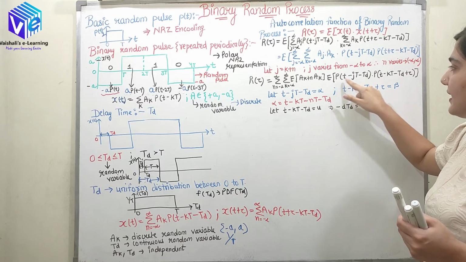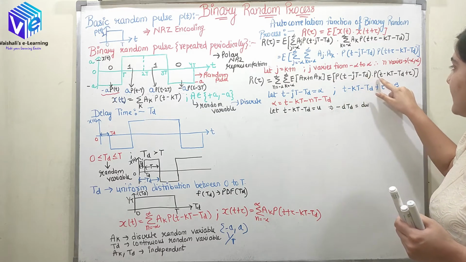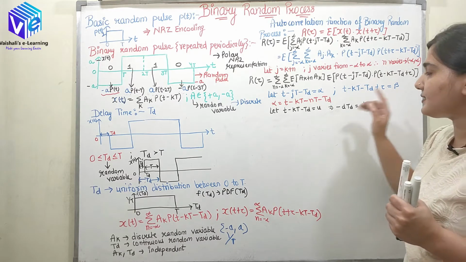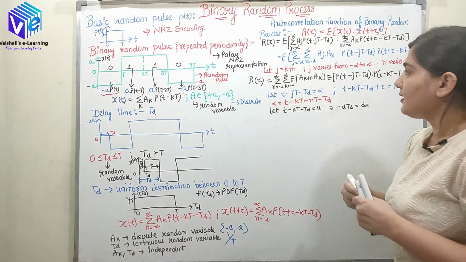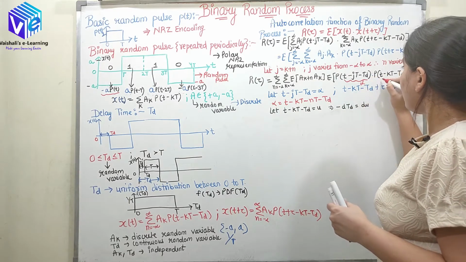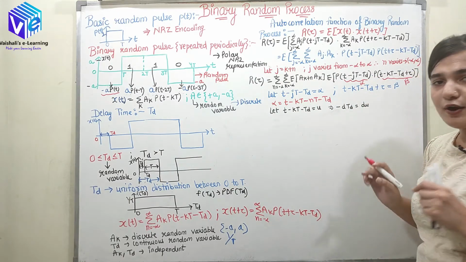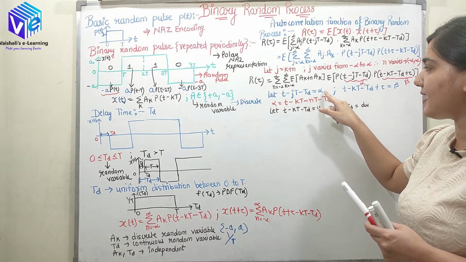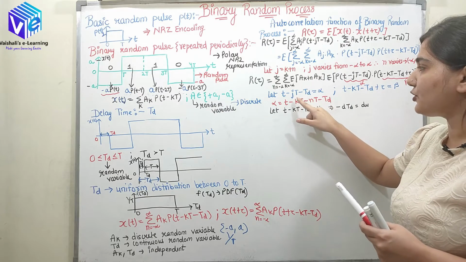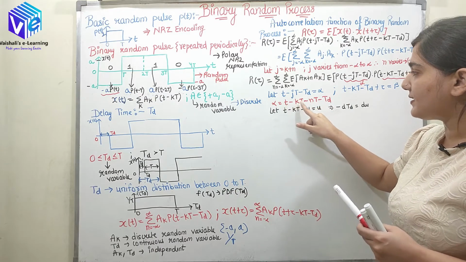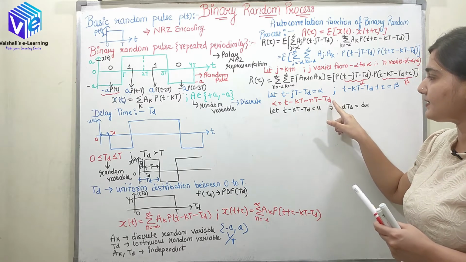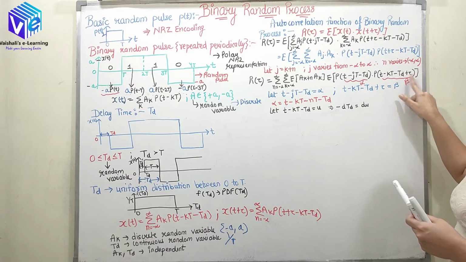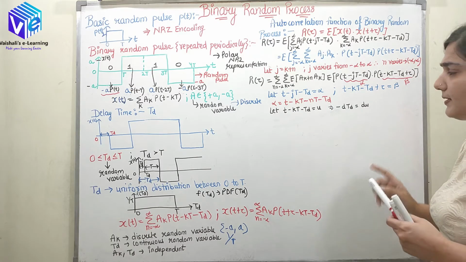So E of p(t - jT - t_d) p(t - kT - t_d + tau), I have represented it as it is. Here I have chosen this to be alpha and this to be beta to simplify my equation. So t - jT - t_d is alpha. Instead of j I will be putting k plus n, so t - kT - nT - t_d is equal to alpha, and t - kT - t_d + tau is beta.